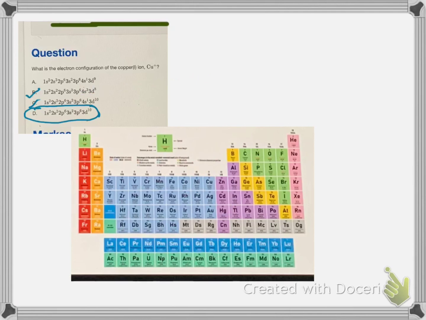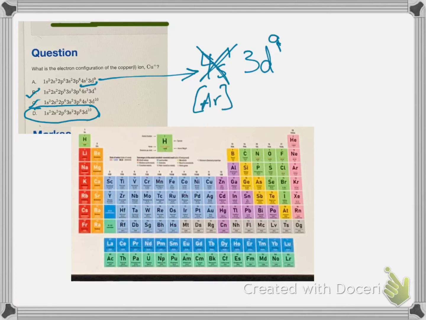Now for A, the 4s1 3d9 doesn't generally make sense, because if it was just argon 3d9, it would have made sense.